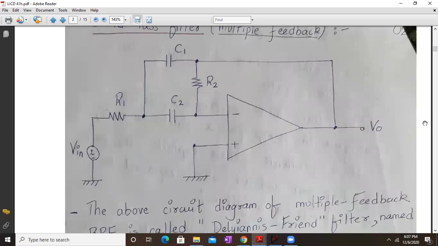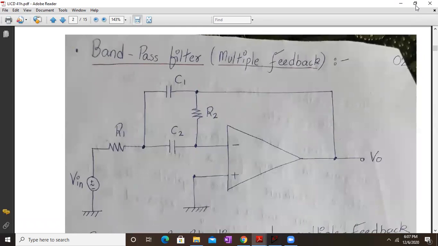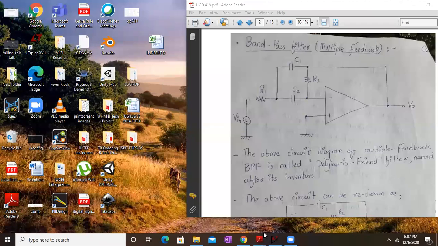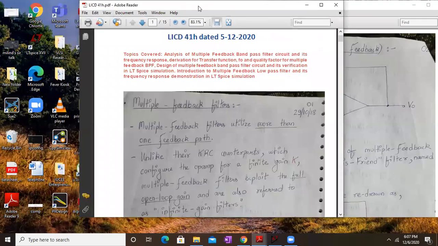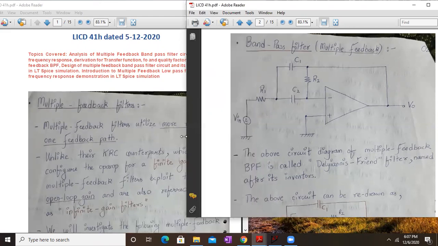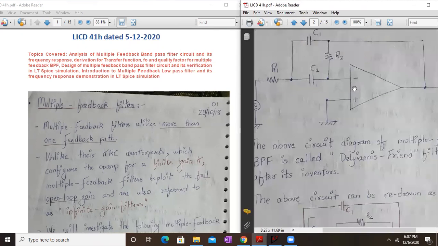Let us begin with the concept of a multiple feedback band pass filter. I think I have to divide this into two screens now because I will be discussing the diagram as well as the explanation together. So let me open both the screens. Let me readjust it as per the view. I guess this much will be enough. And let me pull it down like this.